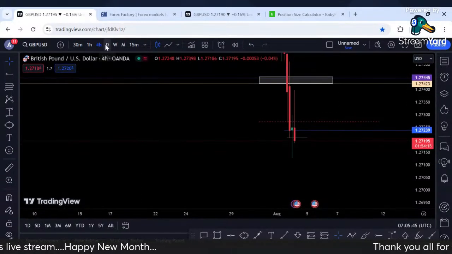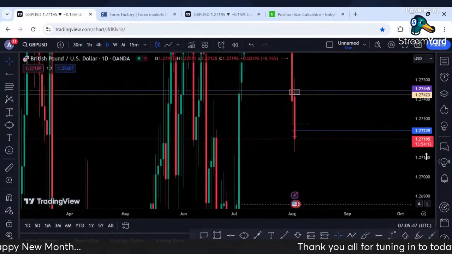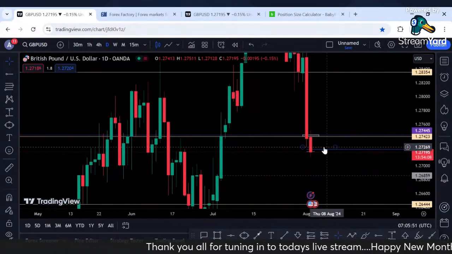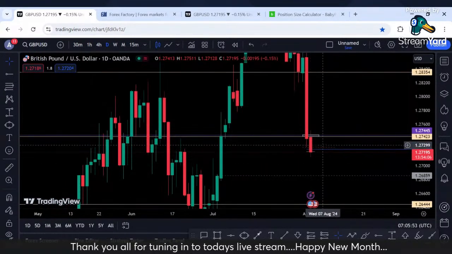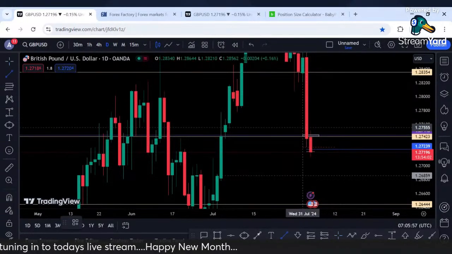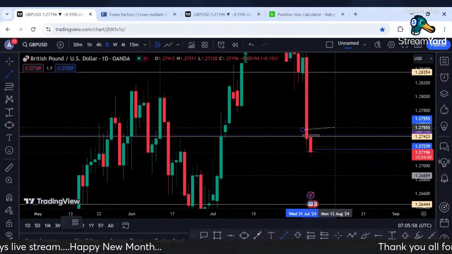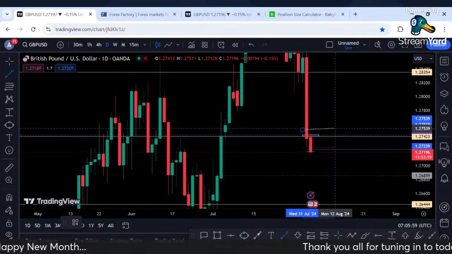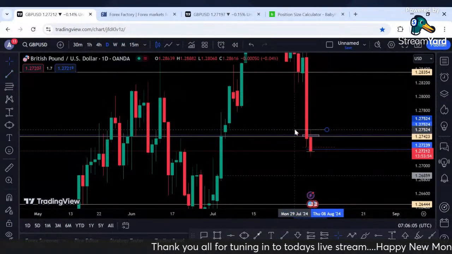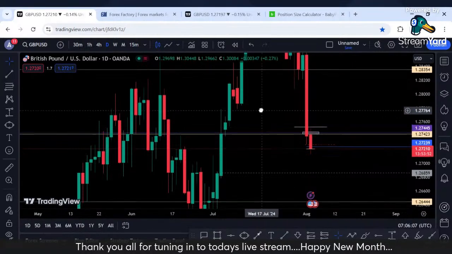So it's okay, because when I check the daily time frame, it is not giving one. Even if you entered over here, where are you going to put your stop loss? Unless maybe you put it at the previous candle tip, which is also not the best way to do it.